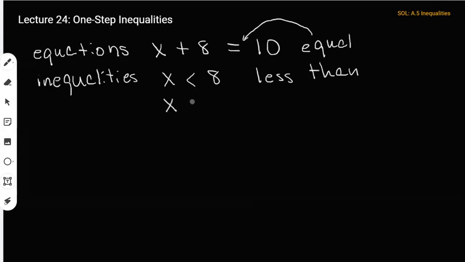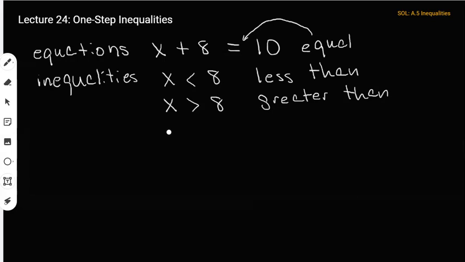We also have greater than signs. This is a greater than symbol. And for this one, we say that x is greater than 8. So x has to be a number that's bigger than 8, like 9 or 10.